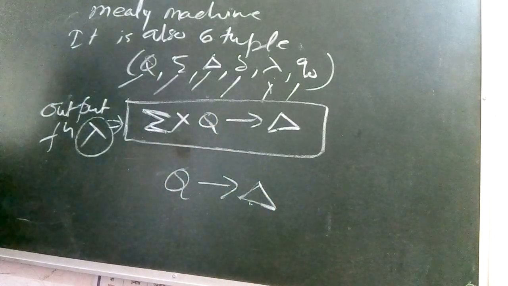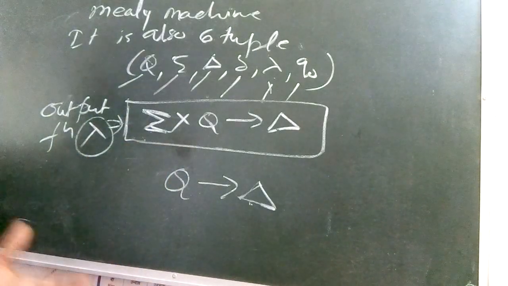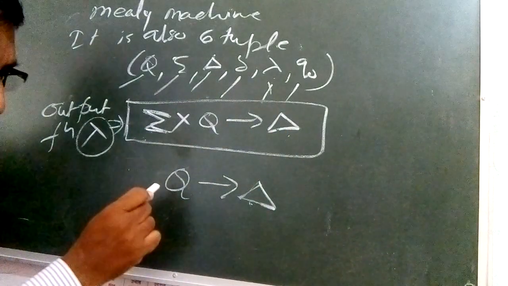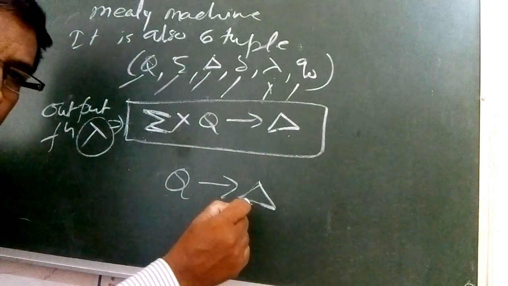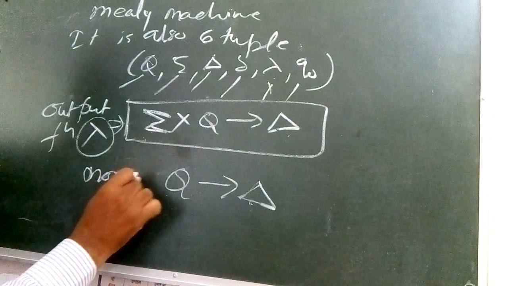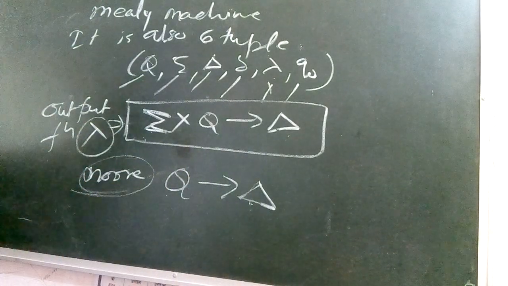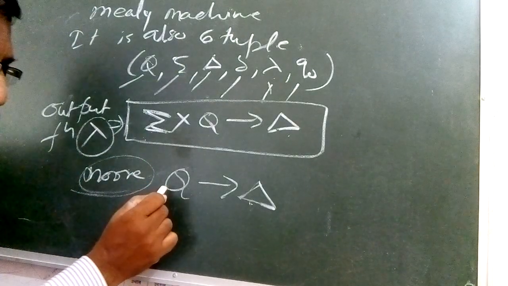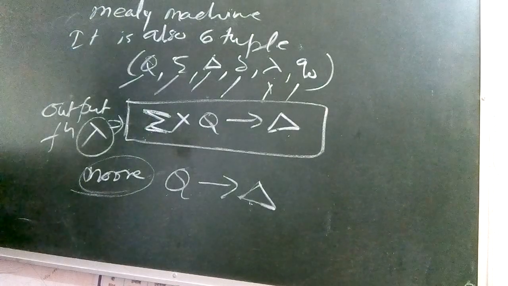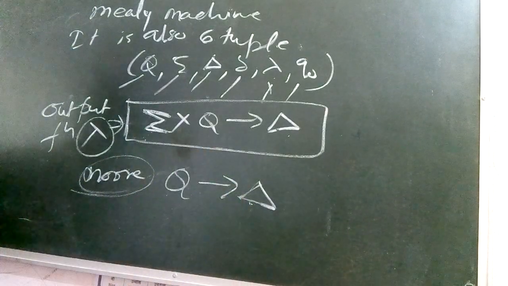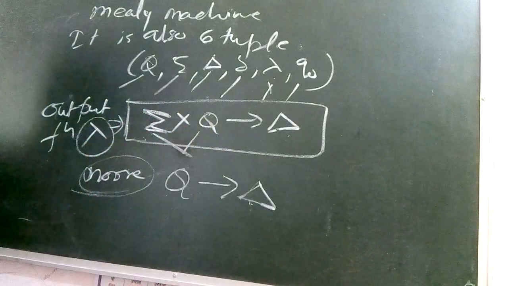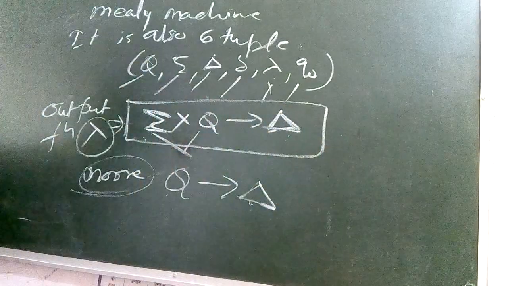करेक्ट. इसका डेल और इसके डेल में थोड़ा सा डिफरेंस है. Sigma cross Q will map delta, and state will map delta only, because Moore machine is input independent machine. इसलिए इसमें इनपुट नहीं होगा. स्टेट केवल आउटपुट पे जाएगी, आउटपुट डिसाइड करेगी. इस पे state and input both will decide the machine's output.